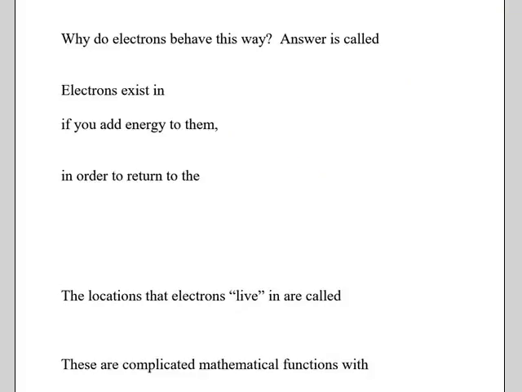So this actually caused quite a bit of trouble for scientists to understand why electrons only give you certain frequencies or certain wavelengths of light. Because remember, the wavelength and the frequency have a relationship to the energy. So if we only get certain colors of lines, that means we only have certain energies. And the solution to why electrons behave this way is a field of study called quantum mechanics.